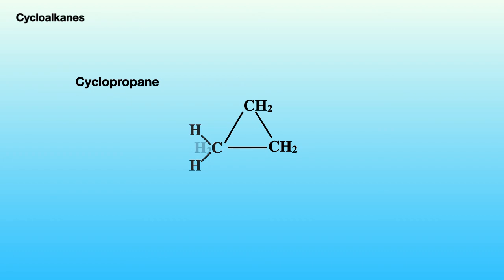Notice the last one though. Look, I've written this as H2C because the bonds in the ring have to attach to the carbon atoms. If it had written CH2 there, it might not have been obvious that the bonds ran from carbon to carbon. So I've reversed that to H2C. It means exactly the same thing.